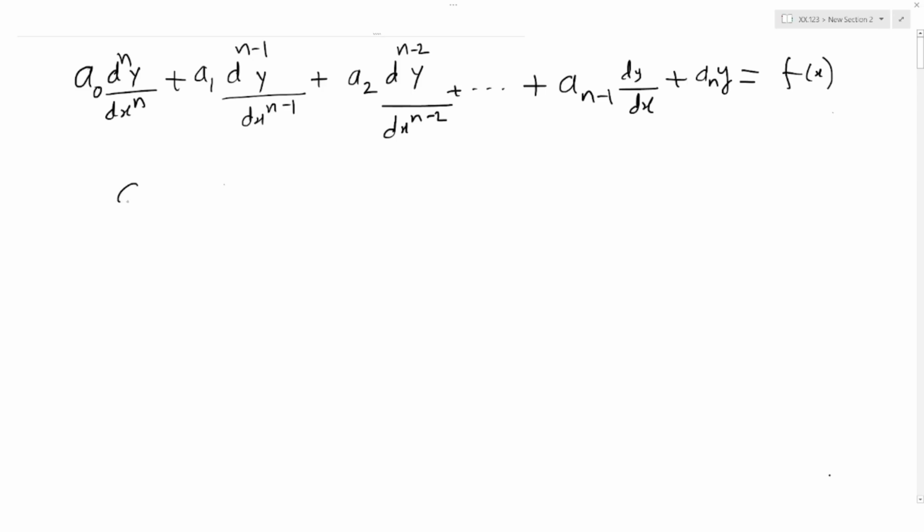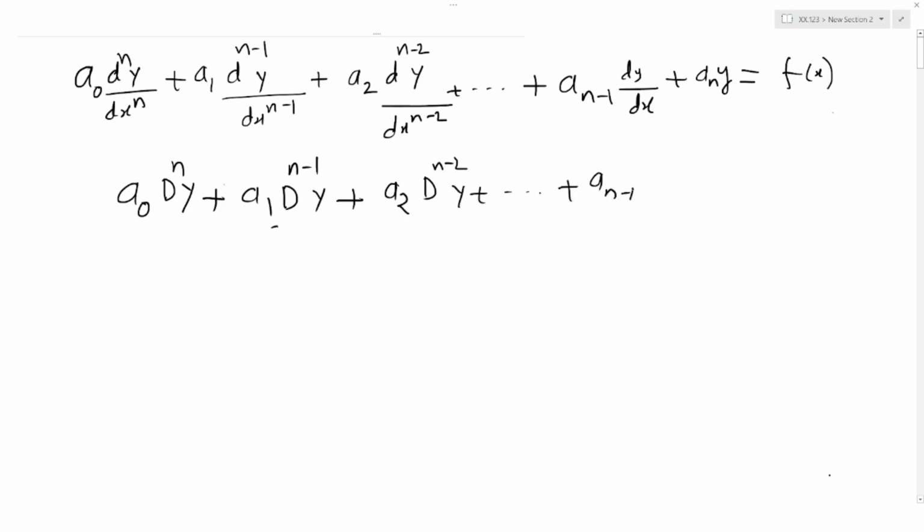Therefore, the above equation can be written as a0 D^n y plus a1 D^(n-1) y plus a2 D^(n-2) y plus, and so on, an minus 1 Dy plus an y equals f of x.